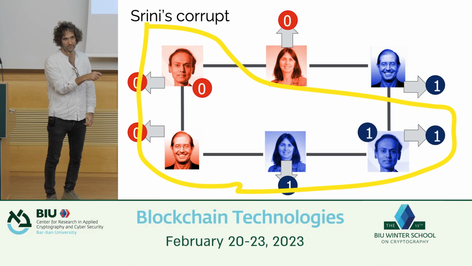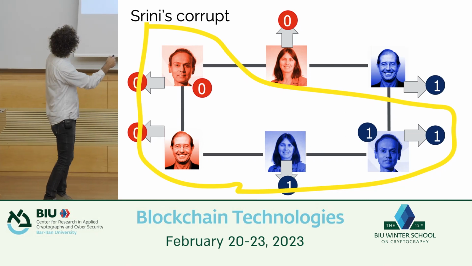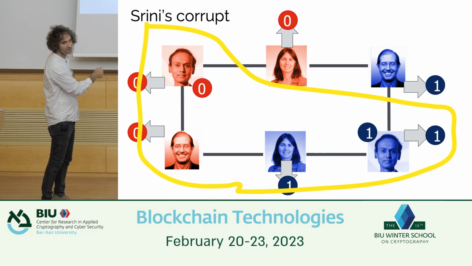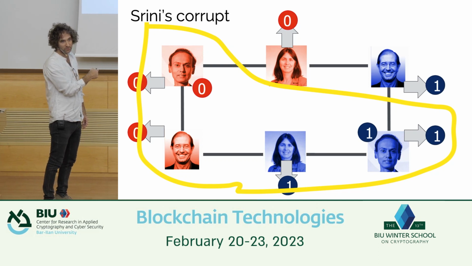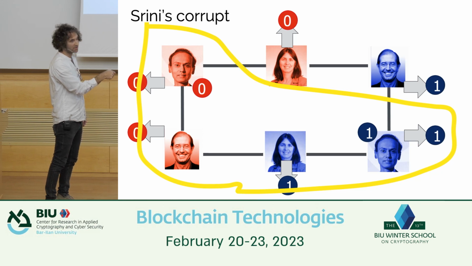Okay? And then we'll see what happens. Let's consider first Silvia here. What should she output? Now she's talking to Srini, and Srini is acting honestly. And she's talking to Shafi here, with messages coming from Shafi.